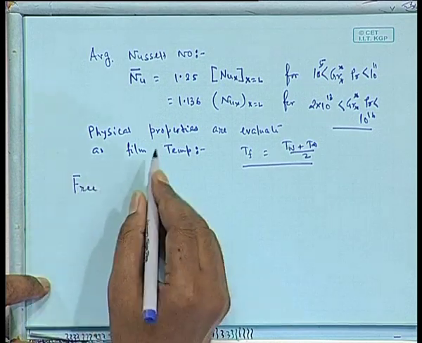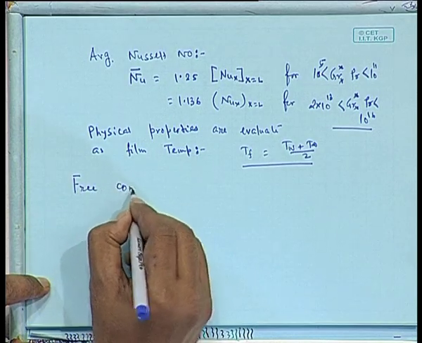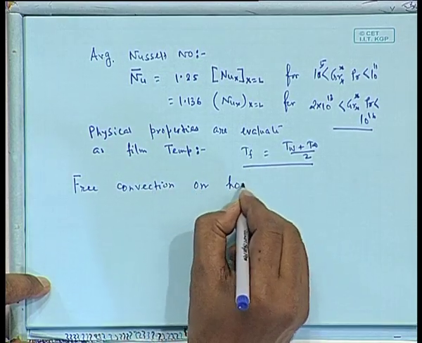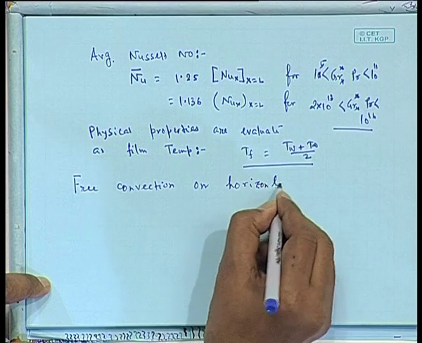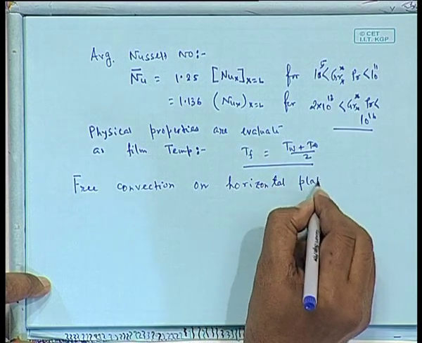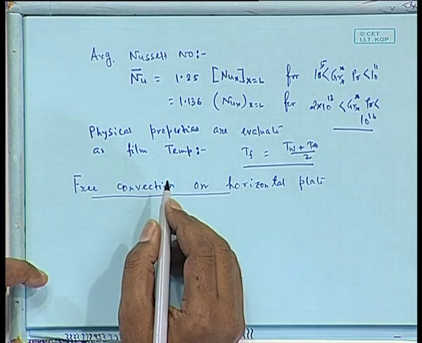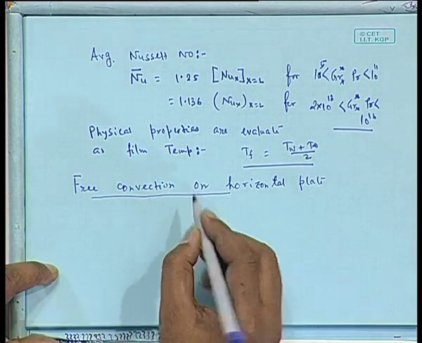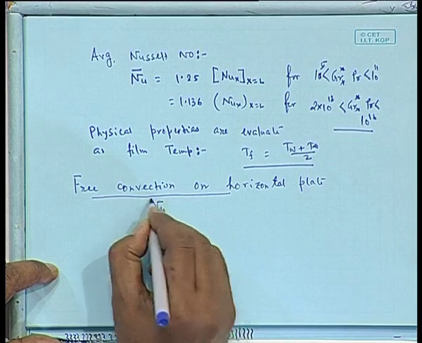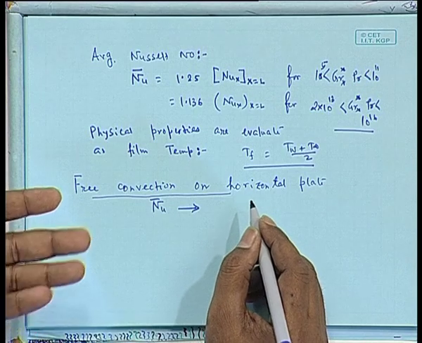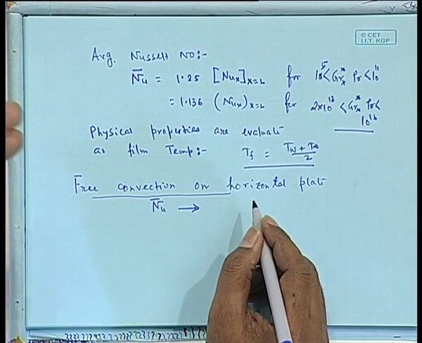Okay. In the next case, we will be taking free convection on a horizontal plate. Now, this average Nusselt number will depend on whether the convection is occurring on the top surface or on the bottom surface, or on both the surfaces.